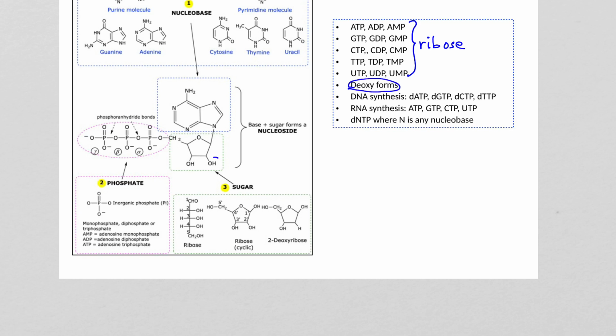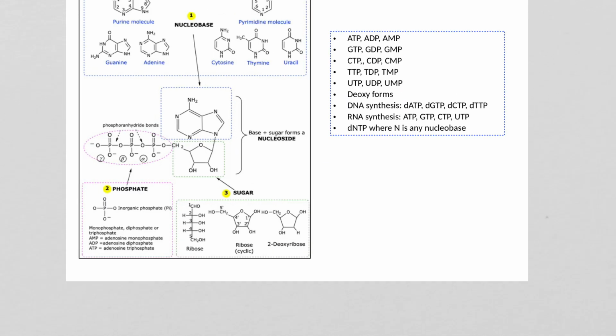If this sugar didn't have this OH, it's a deoxy, then you start your abbreviation with a little d. So if let's say there wasn't an oxygen here, then this structure would be deoxy. This is A, and there are 3 phosphates, that's TP. So that would give you deoxyadenosine triphosphate, or dATP.